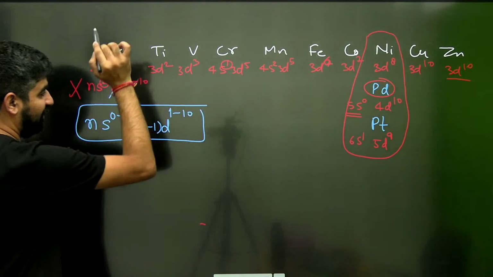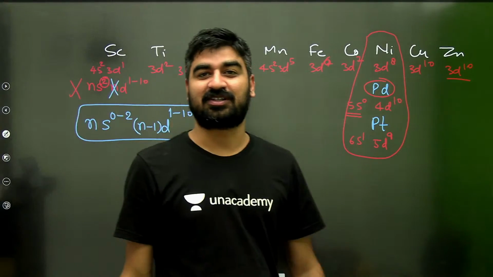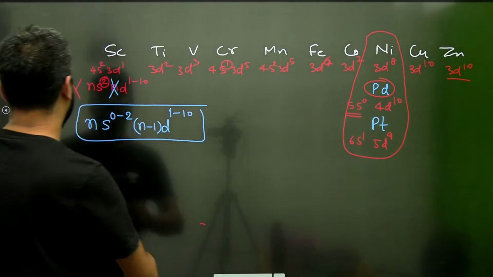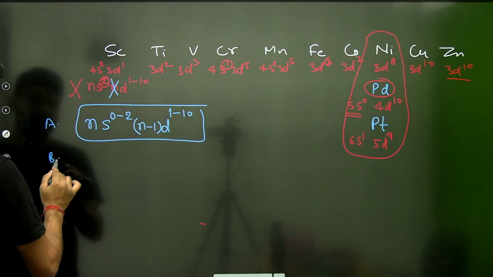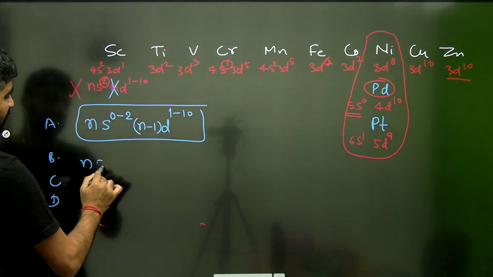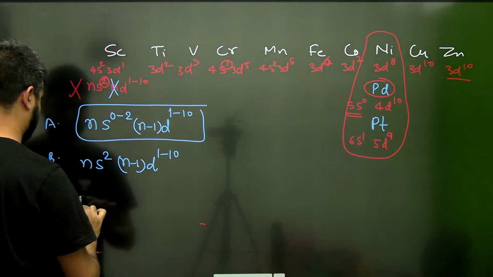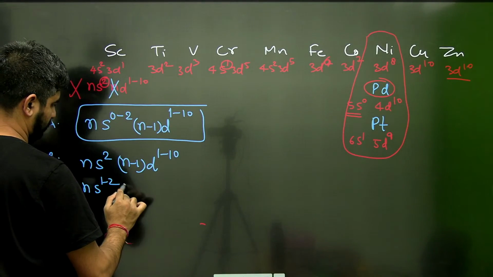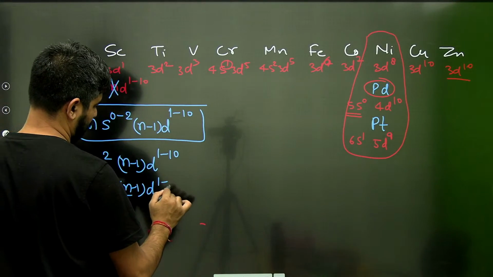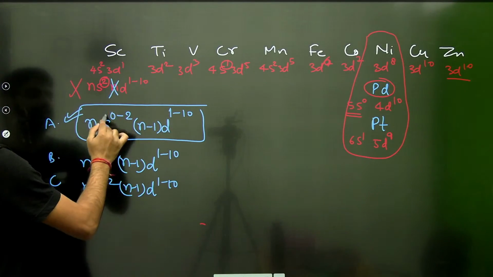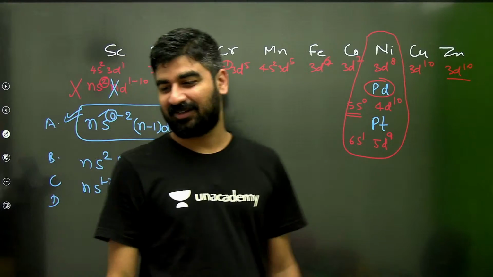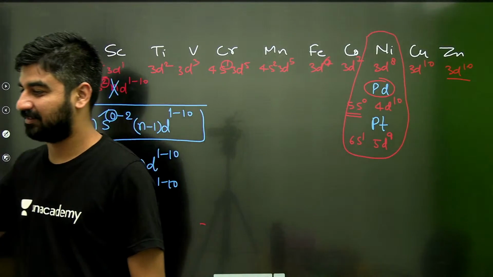Got it? So this will be the general configuration for d block, because you can have options like A, B, C and D, and your answer will be this, because s can have 0 as well. Got it?